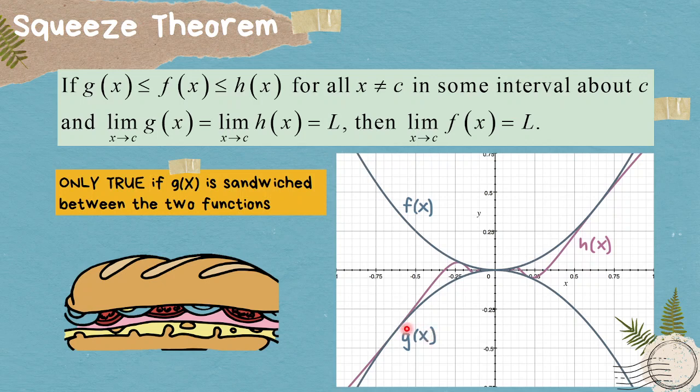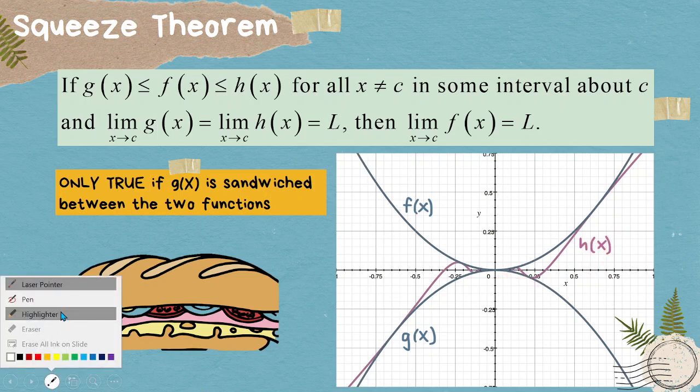If we have some function h of x that is sandwiched between f of x and g of x, then if the limit of f of x and the limit of g of x are equal, the limit of h of x is equal to them as well. So that is the squeeze theorem.